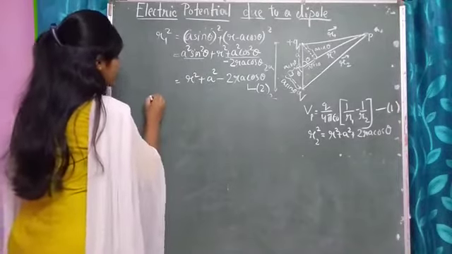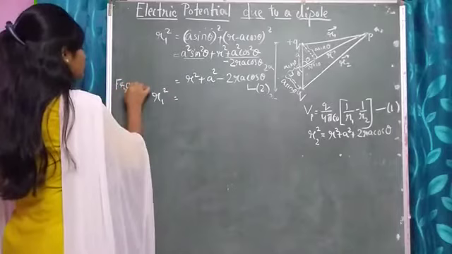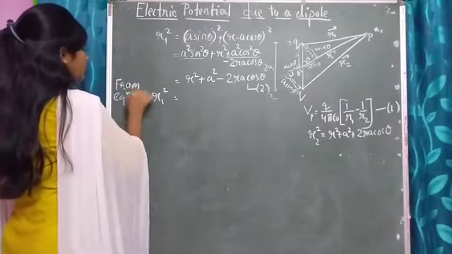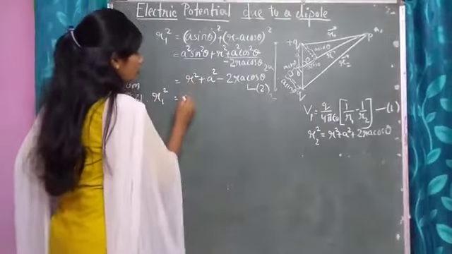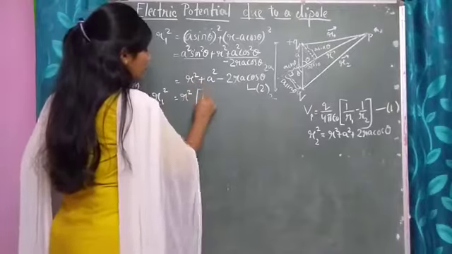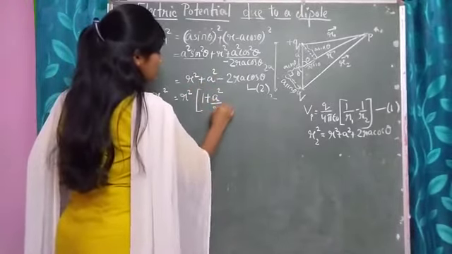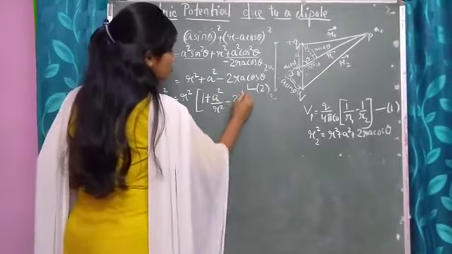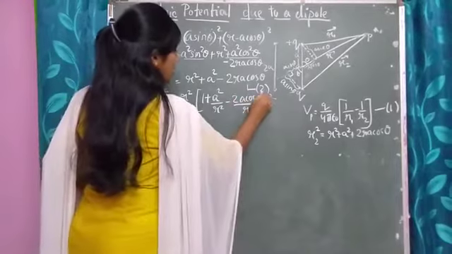So in the next step, R1 square from equation 2, I will write R1 square is equal to, let us take r square common. Then what will be the value? 1 plus a square by r square minus 2a cos theta by r.